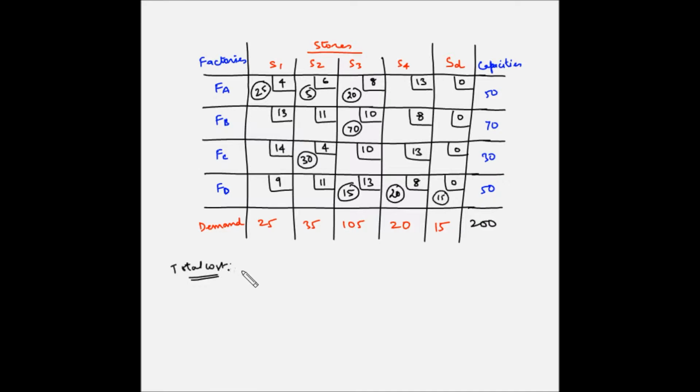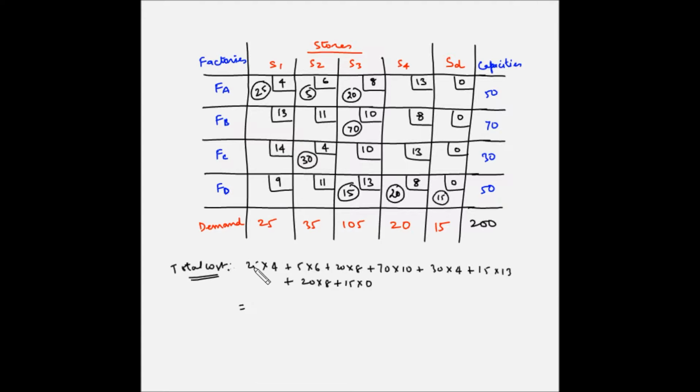for this solution. So the total cost is 25 multiplied by 4 plus 5 multiplied by 6 plus 20 multiplied by 8 plus 70 multiplied by 10 plus 30 multiplied by 4 plus 15 multiplied by 13 plus 20 multiplied by 8 plus 15 multiplied by 0.